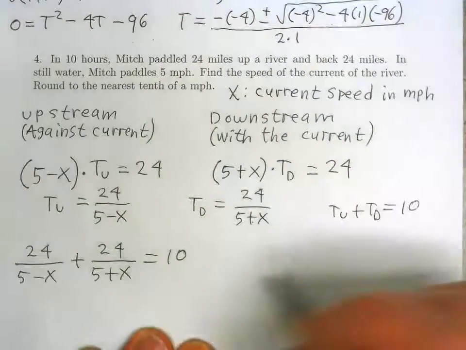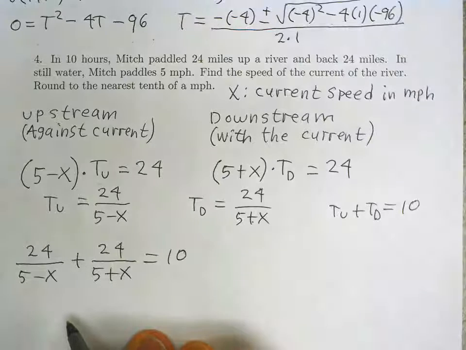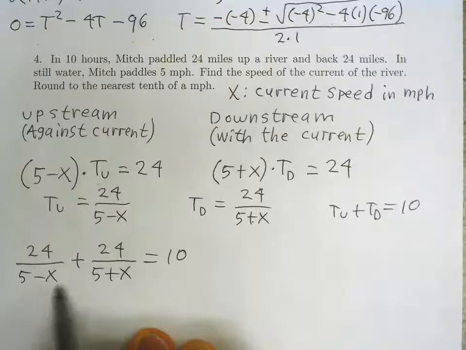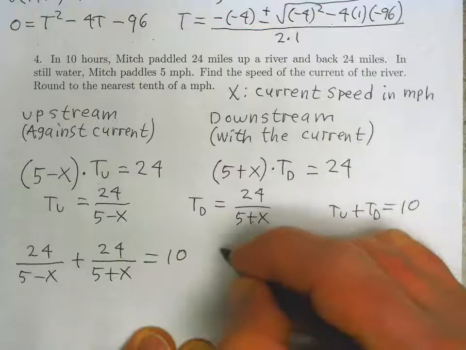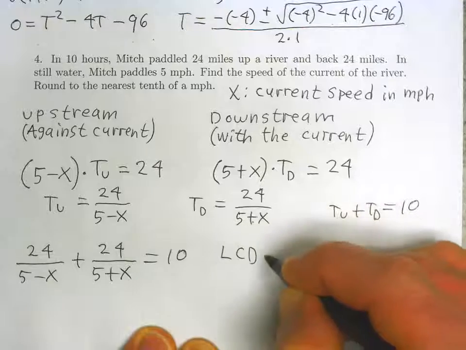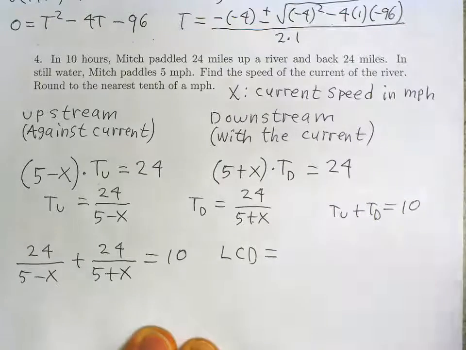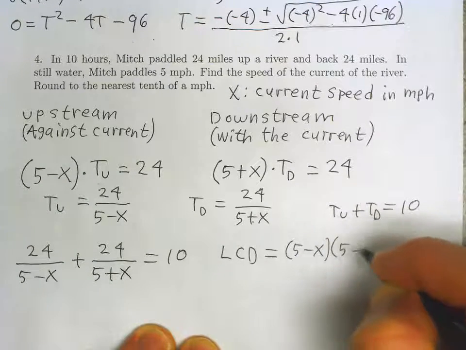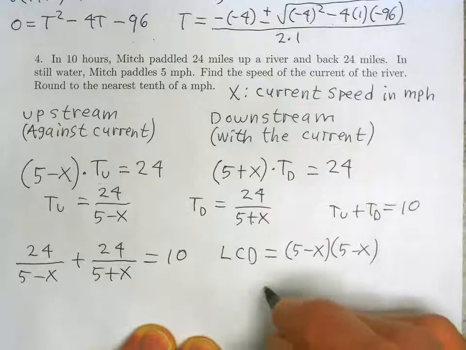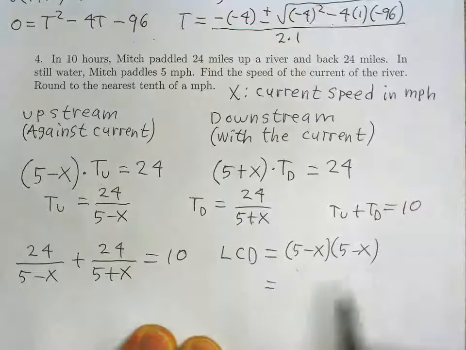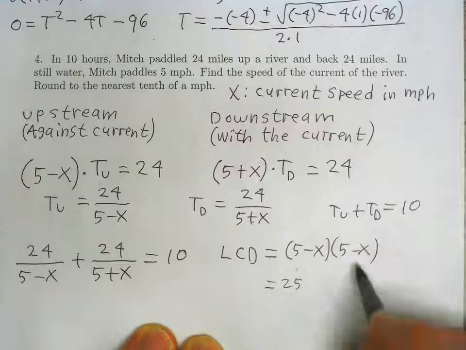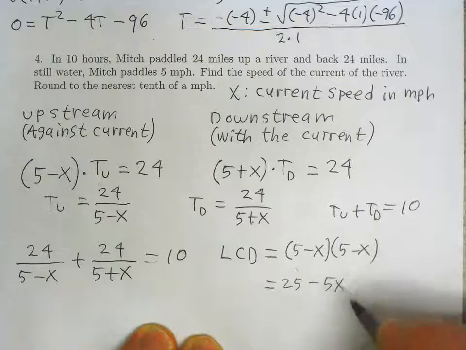Okay, so just like we did in chapter 7, the variable we want to solve for is in each of two denominators. So we're going to multiply every term on both sides by the least common denominator, and that's just 5 minus x times 5 plus x.